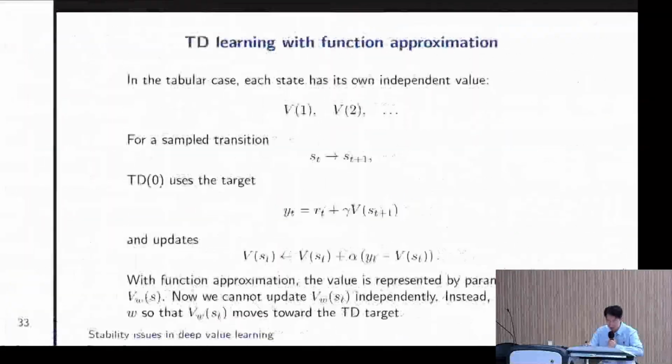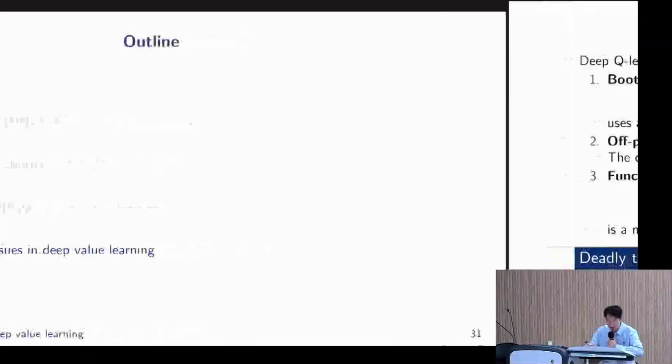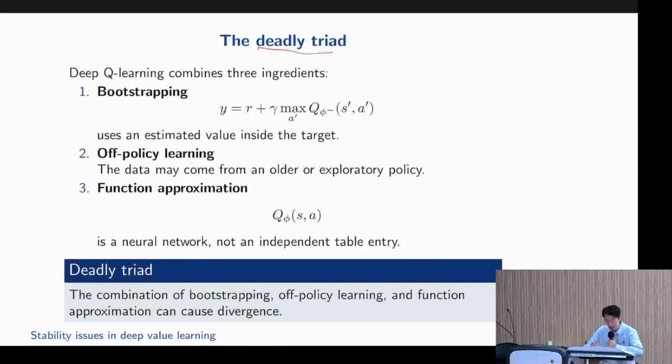One well-known issue is the deadly triad problem. If you combine these three ingredients together, then you can come up with a thought experiment where it fails miserably. Number one, bootstrapping. You're using an estimated value inside the target.